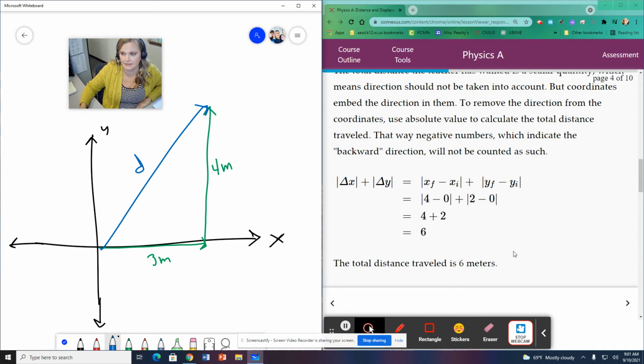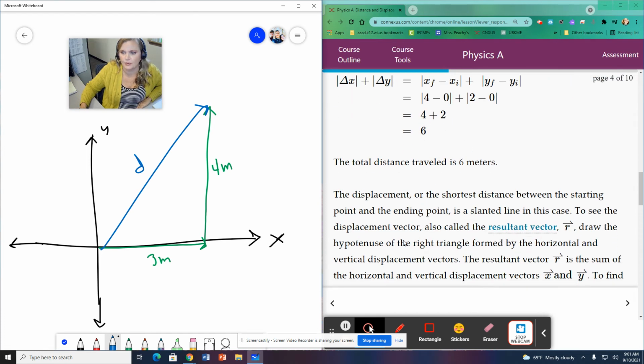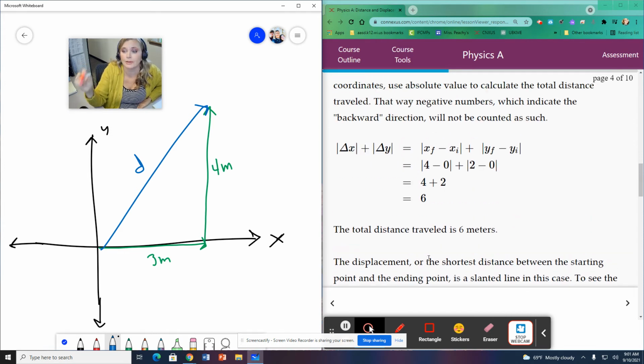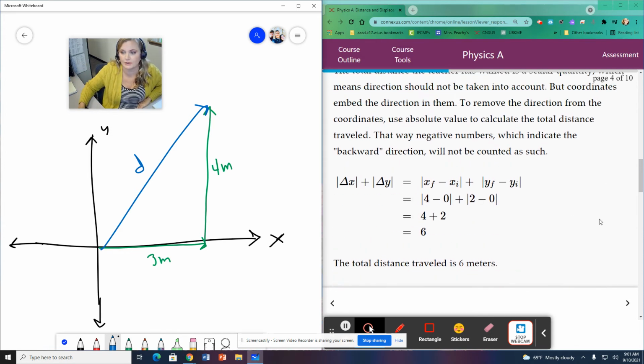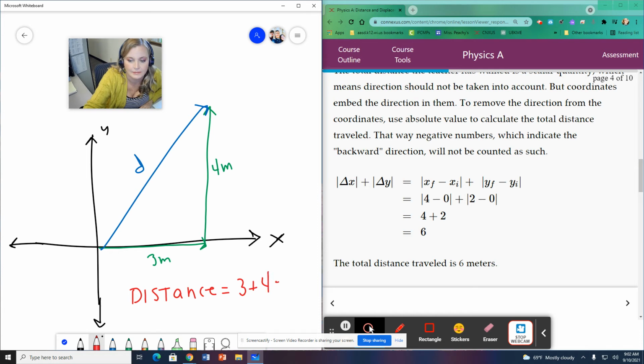I feel like it's kind of unnecessary. Oh, they're doing that. I'm sorry. My bad. They're looking at total distance traveled over here. So what's my total distance traveled? Well, I went 3 meters plus 4 meters, so a total of 7 meters, right? That's the distance I traveled. So my distance is always just a sum of the different lengths that I'm traveling, right?